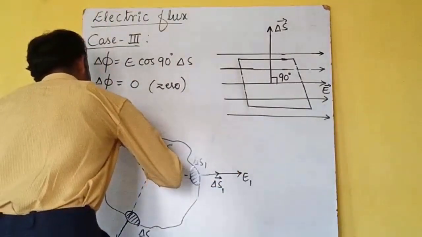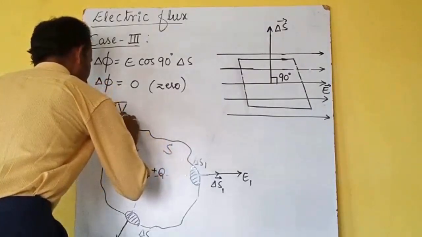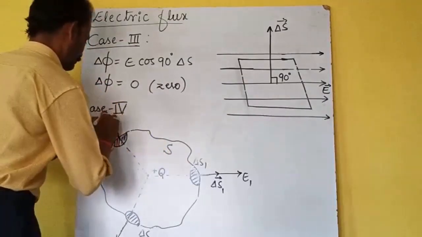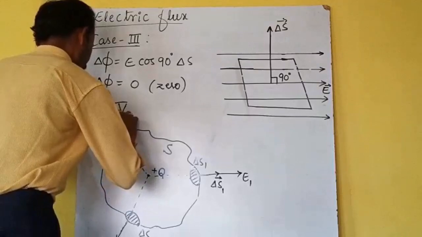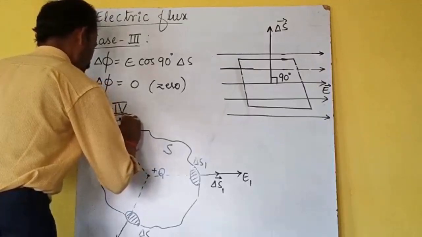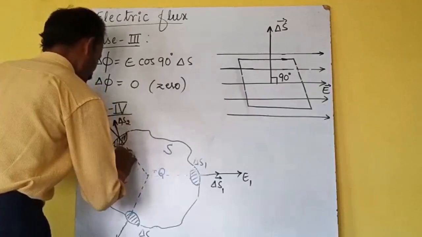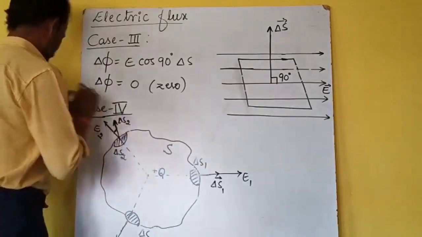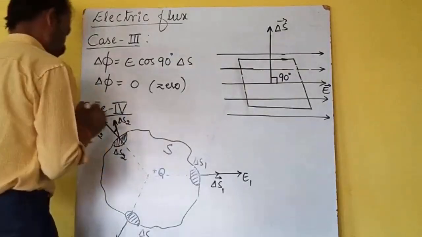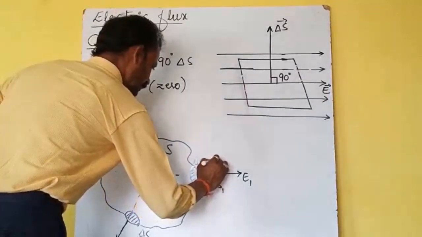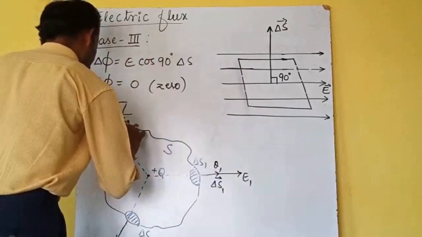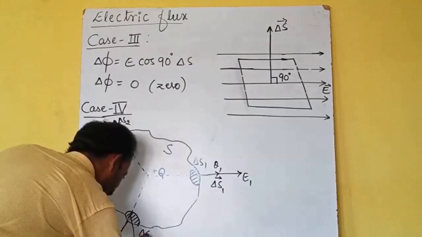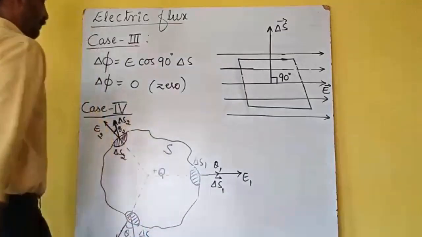Here this is delta S2, it makes a certain angle theta 2, and here theta 1. The normal to this surface, the delta S3 vector, makes an angle theta 3, and so on.